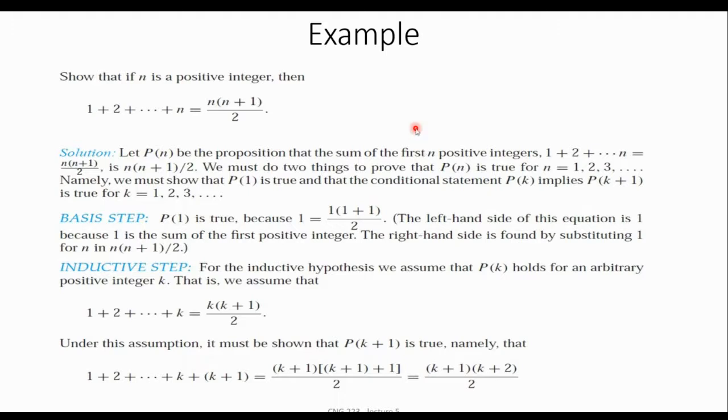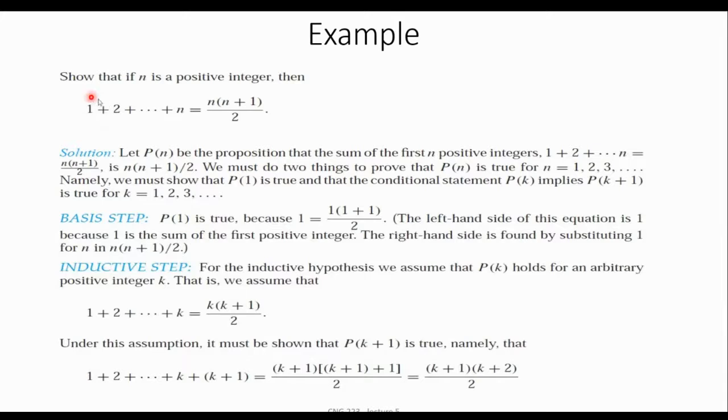So anyway, let's start with the example. Show that if n is a positive integer, then this equation holds. If I want to use mathematical induction, what can I do? The first thing to do is to consider my initial step, the basis step. So consider it from 1.